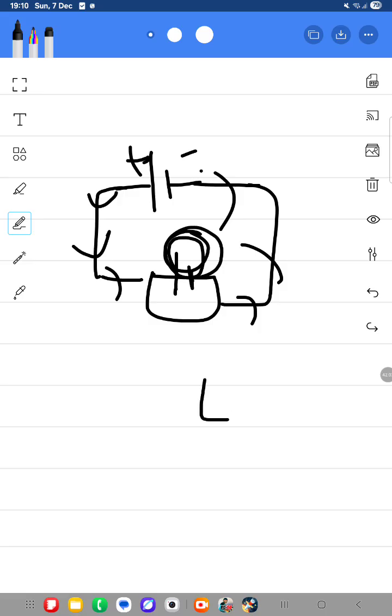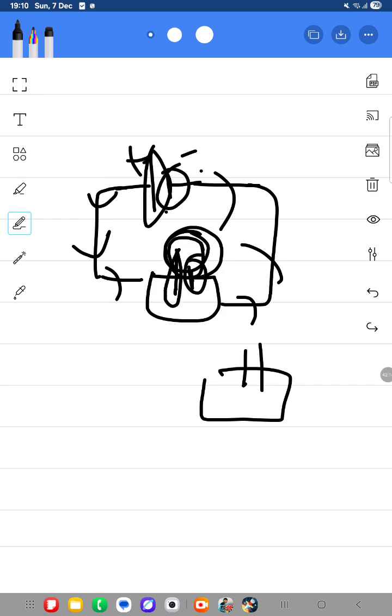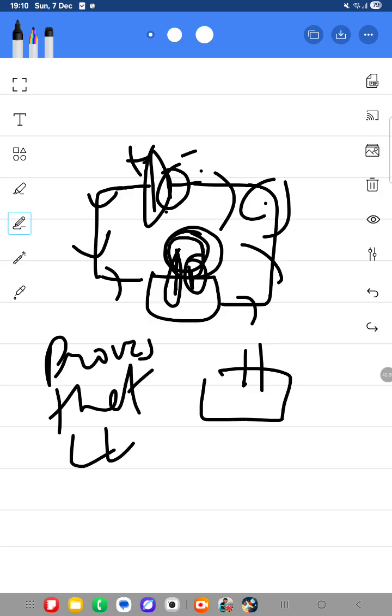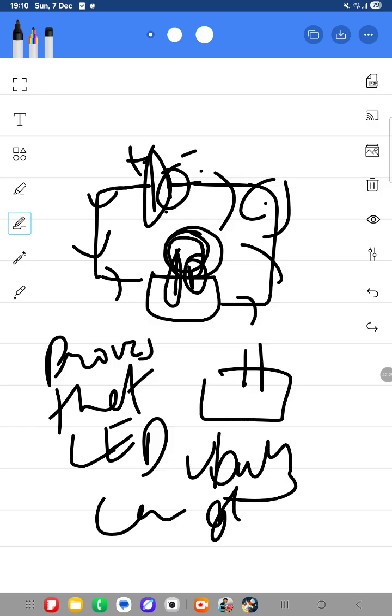I had made a conductor in which I have attached this LED bulb. Then from positive end I have placed positive and from negative I had placed negative. When we will switch on this circuit, the bulb will glow. This proves that LED bulb can glow under less electricity.